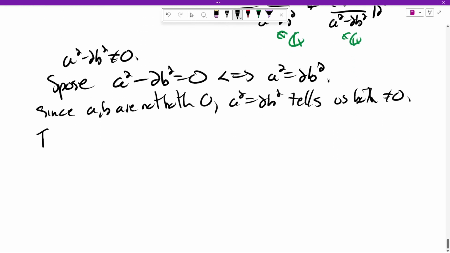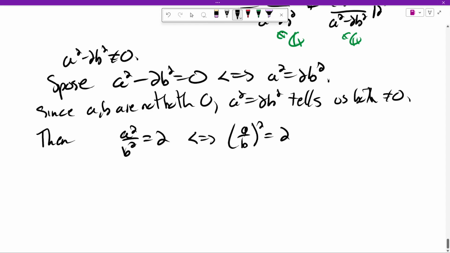Then what we're going to do is divide by b squared, and that's equivalent to writing a over b squared. And then this is equivalent to q squared is 2, where q is a over b. That's again a rational number, right? Because a is a rational number, b is a rational number, and we can divide rational numbers.